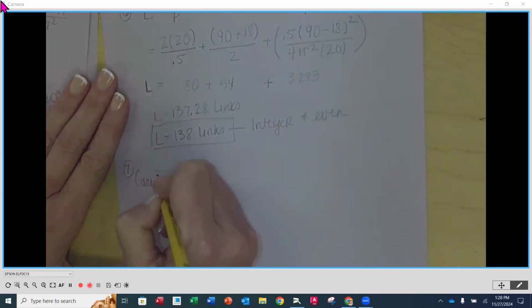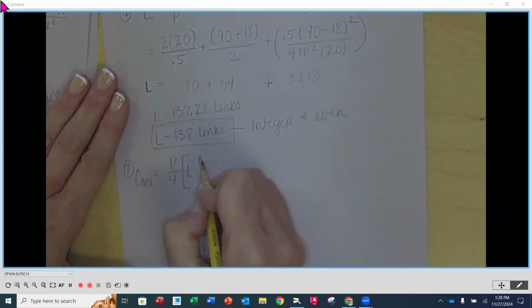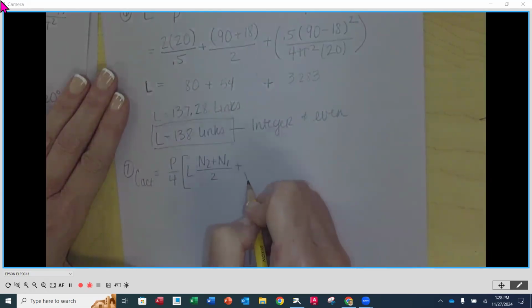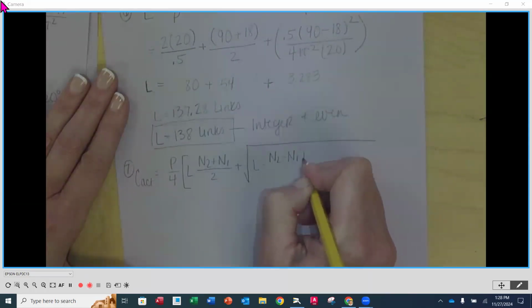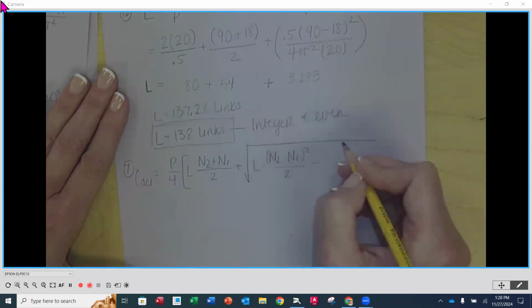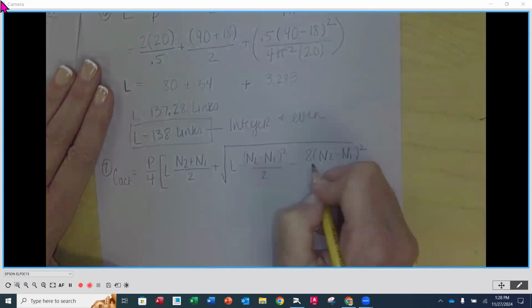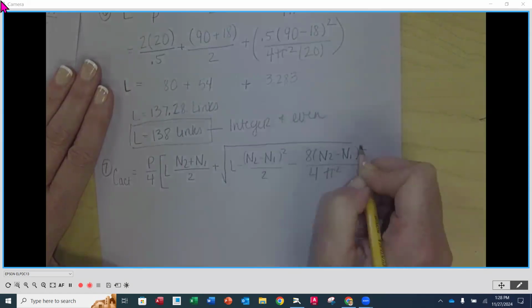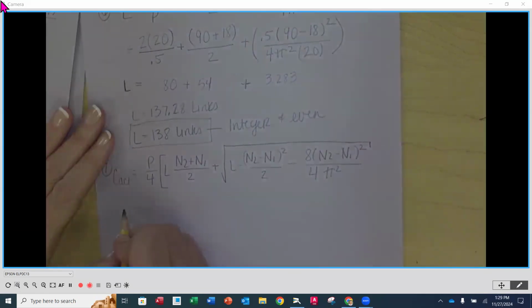This is going to be center actual, P over 4 times L. And here too, the exception is I'm not going to make you put the units in, just because you're literally going to run out of room, and then it gets hard to keep track of.